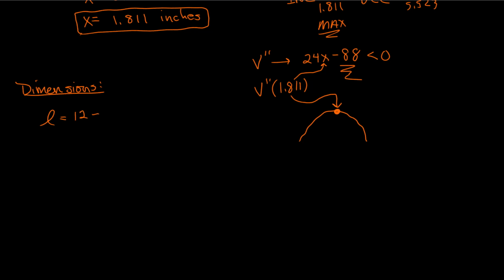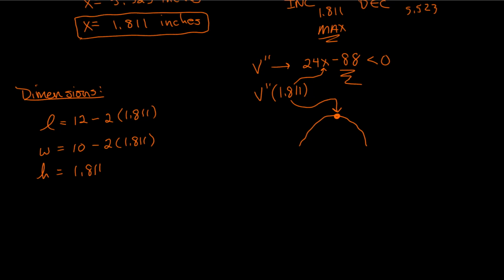The length was 12 minus 2 times 1.811. The width was 10 minus 2 times 1.811. The height is just the 1.811. And remember, these dimensions are going to be in inches.